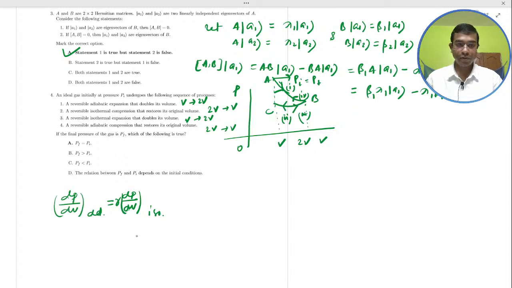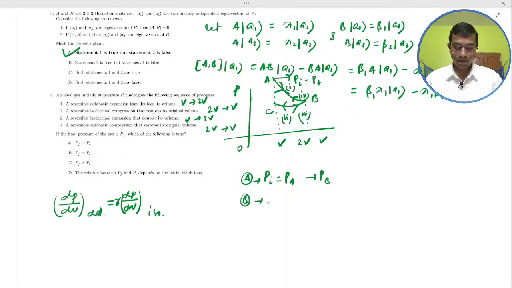Another important statement. So in the first step, reversible adiabatic expansion, V to 2V, the pressure changes from P initial, that is PA, to PB.